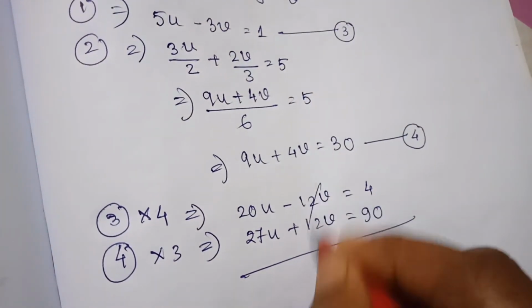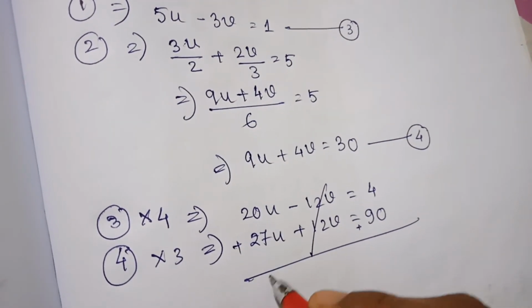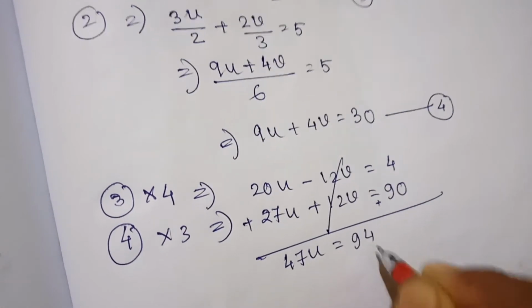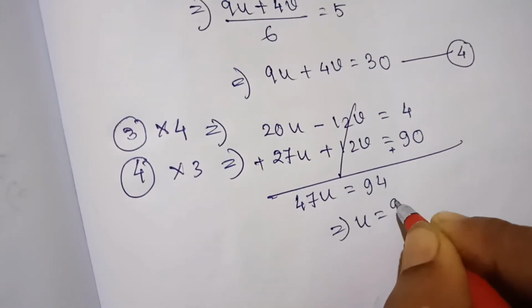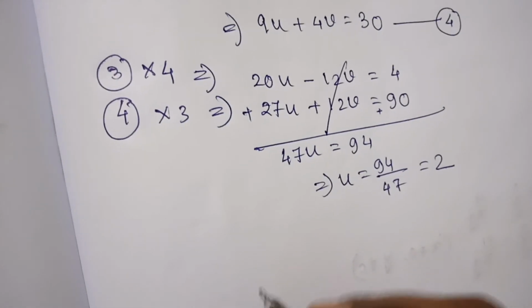Now look, plus and minus will be cancelled out, so it's actually 47u equals to 94. That means u equals to 94 divided by 47 equals to 2.